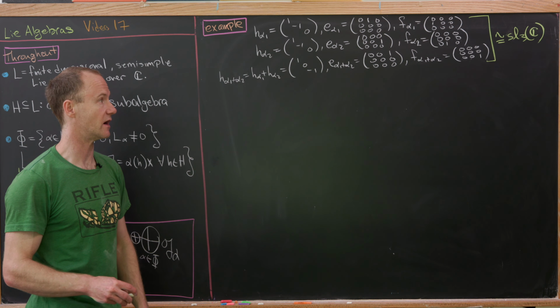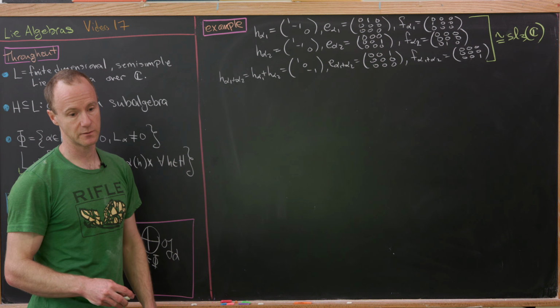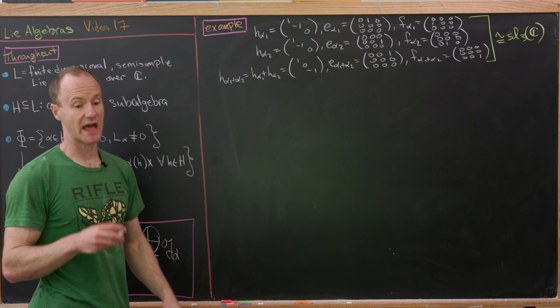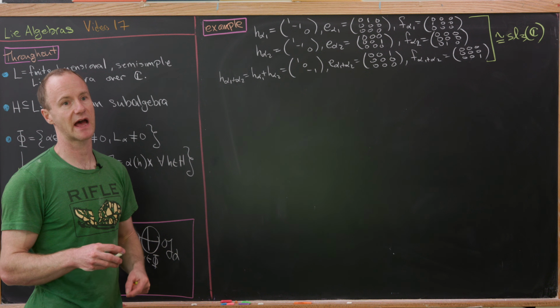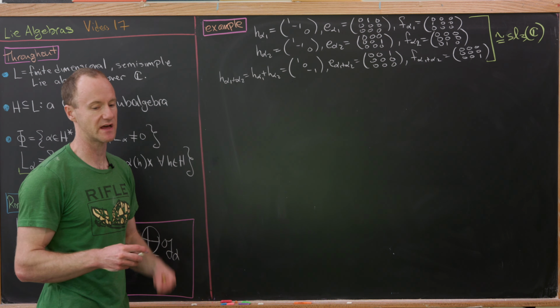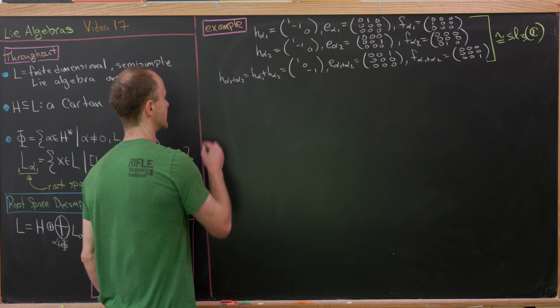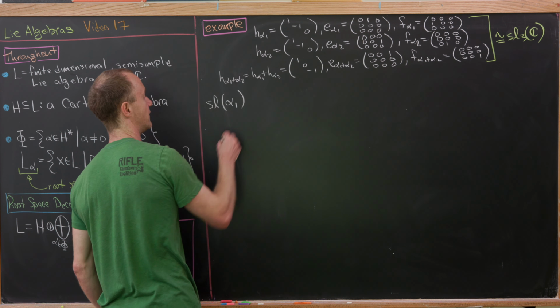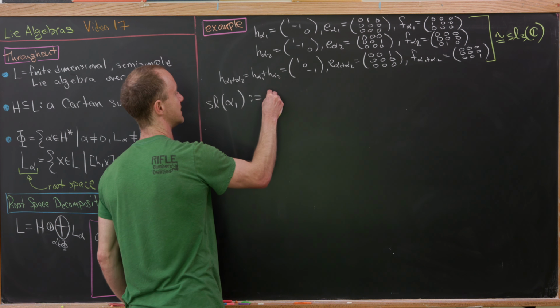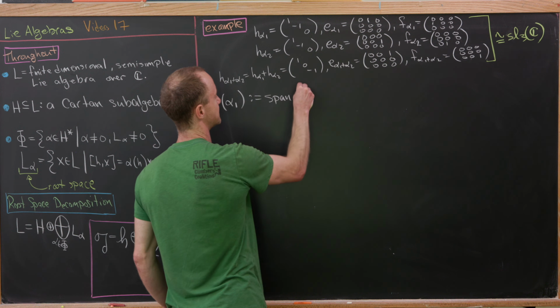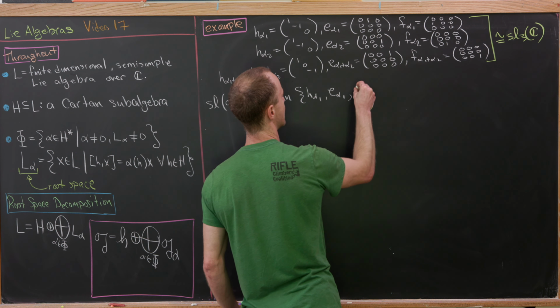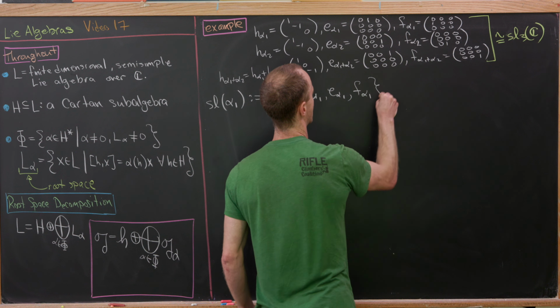That's another copy of SL2. Now what we'd like to do is take one of these copies of SL2 and decompose SL3 as an SL2 module via that copy. Let's do that via SL alpha 1, which is defined to be the span of H alpha 1, E alpha 1, and finally F alpha 1.